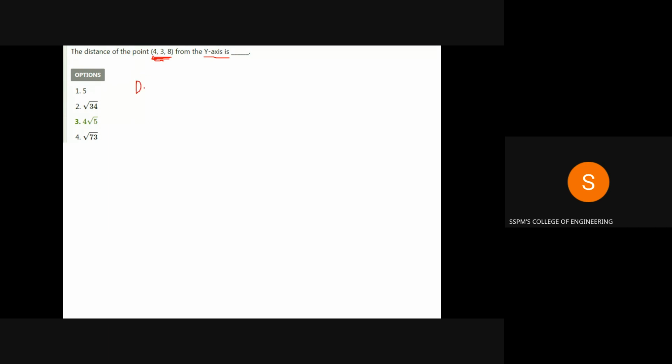The distance from the y-axis is root of x square plus z square. Whenever we have to find the distance of a point from the y-axis, we drop the y coordinate.